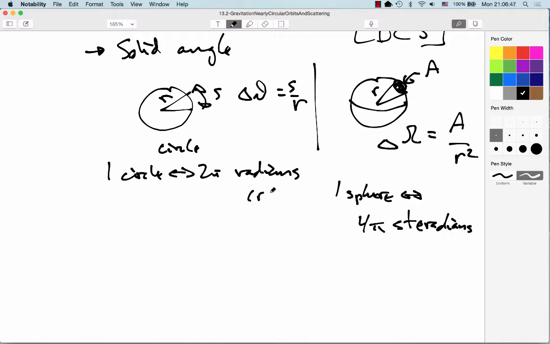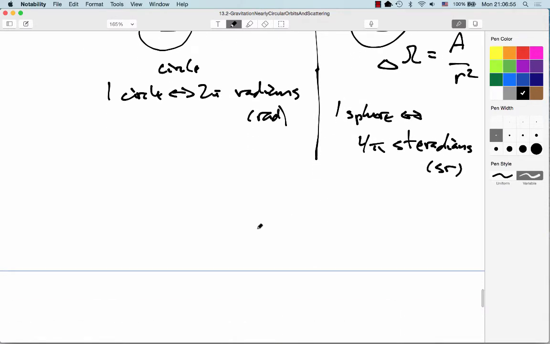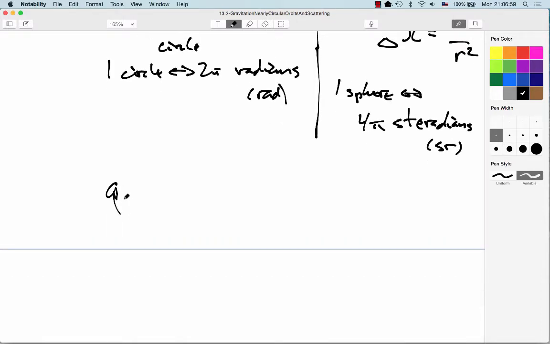So just like we write rad, we usually write sr for steradian. So a differential of solid angle in spherical coordinates, which are the ones that we're going to use here, d omega would be written as sine theta d theta d phi.